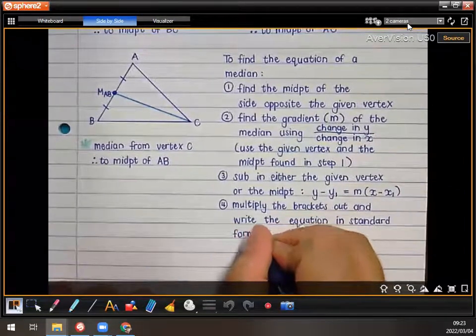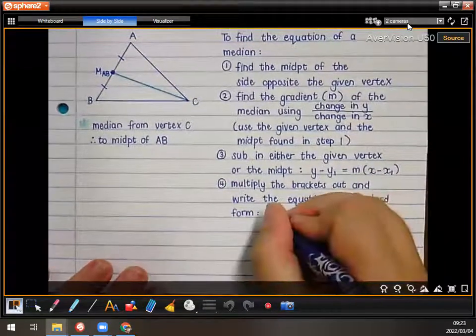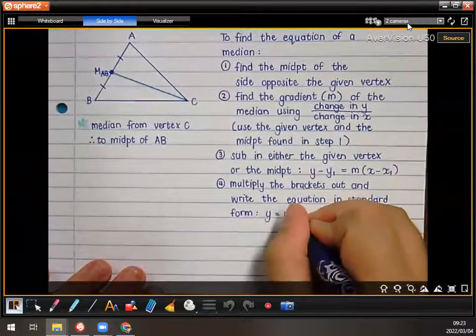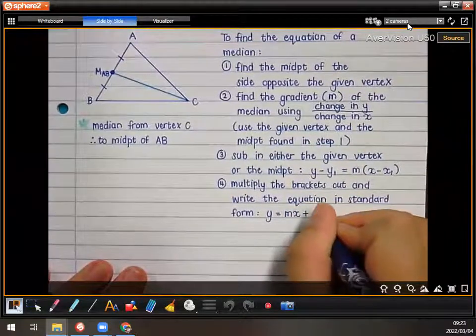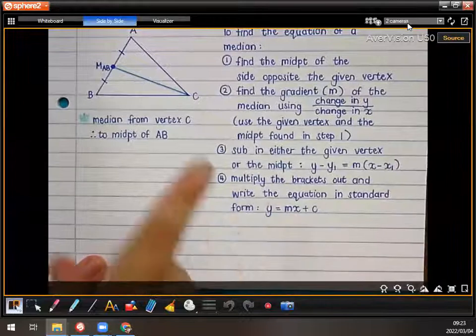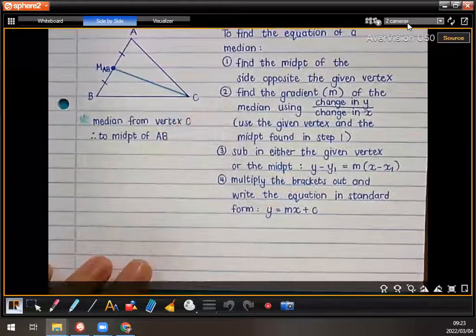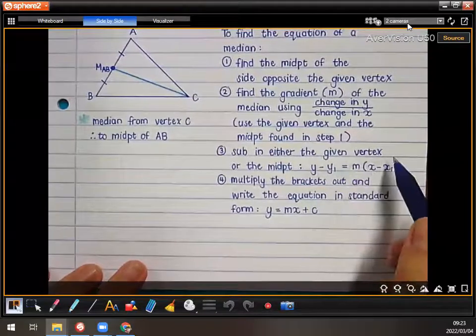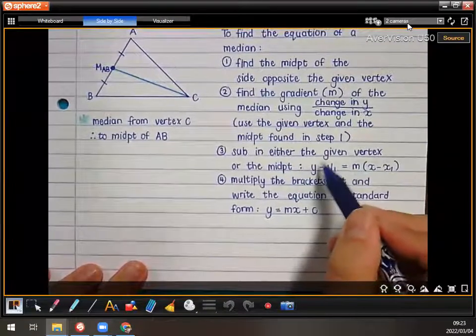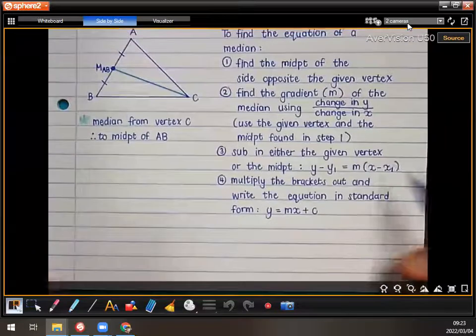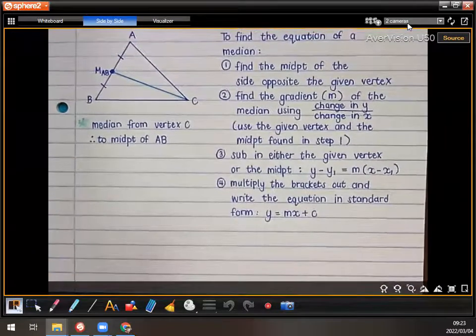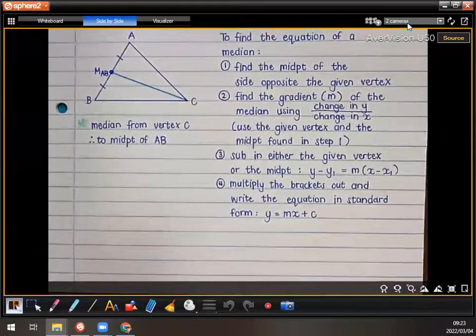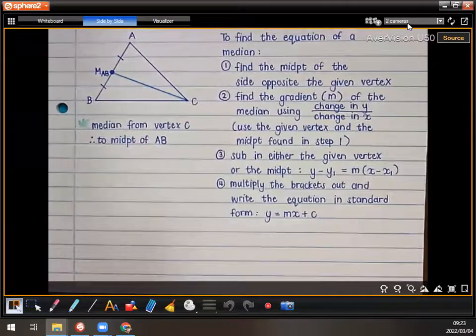The standard form of a straight line equation is y equals mx plus c. We're going to find the value of m, that's what we're doing in step 2, so m is going to be a number. And you'll see when we practice it, when you multiply this bracket out and then move that minus y1 over to the other side, you'll also have the value of c. So we're going to practice an example of this.